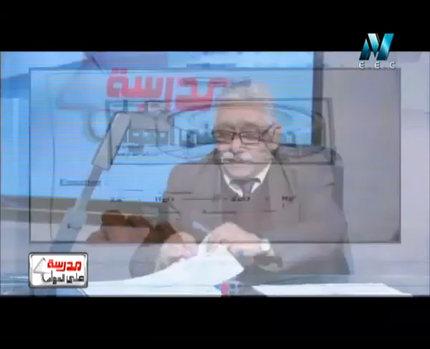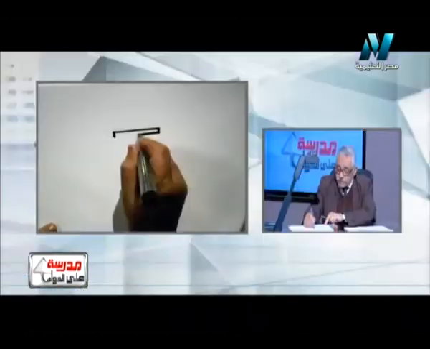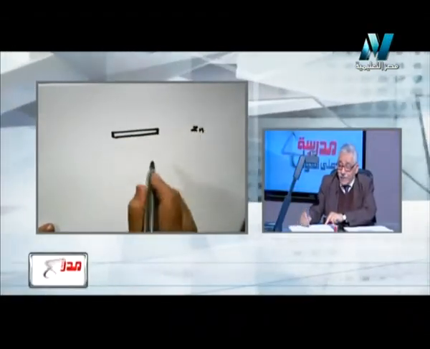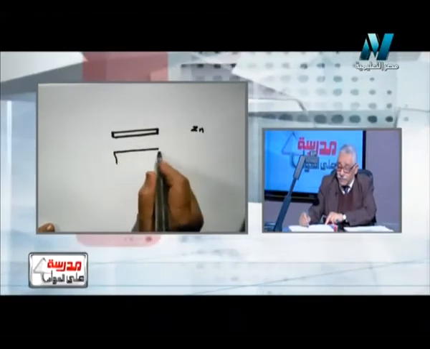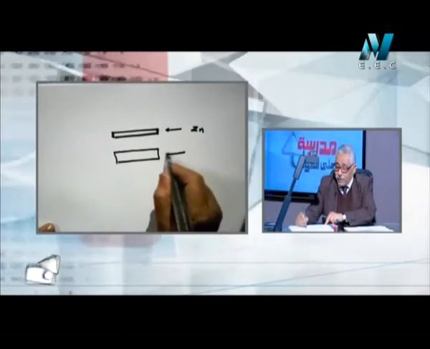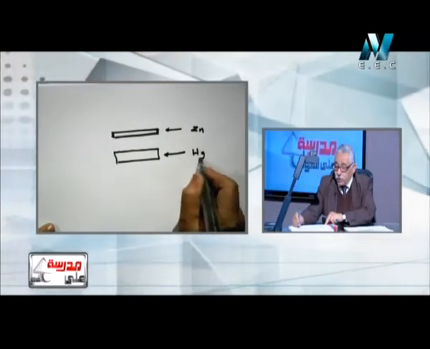I can write this by symbol. This is the anode. I said the anode is zinc, and this is the cathode, HgO.